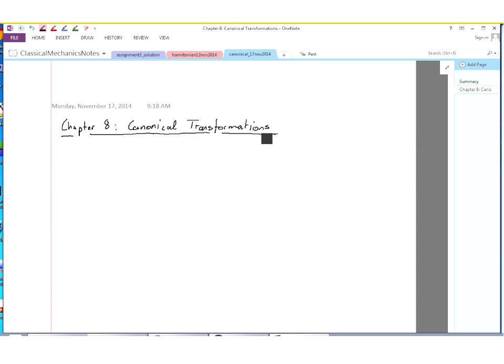So we've already seen that some choices of coordinates are better than others because they lead to some coordinates being cyclic, and then you can immediately find what we call constants of motion. In particular, for a cyclic coordinate, the conjugate momentum is conserved, and so a constant of the motion.